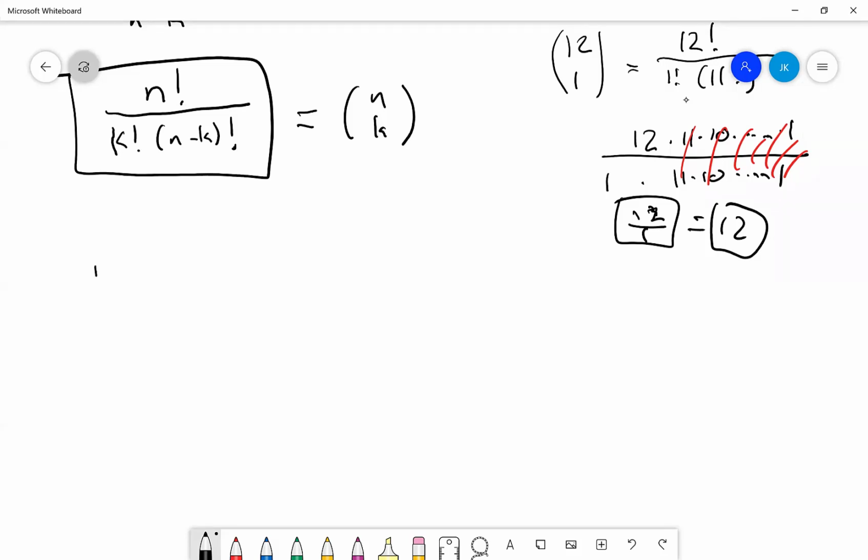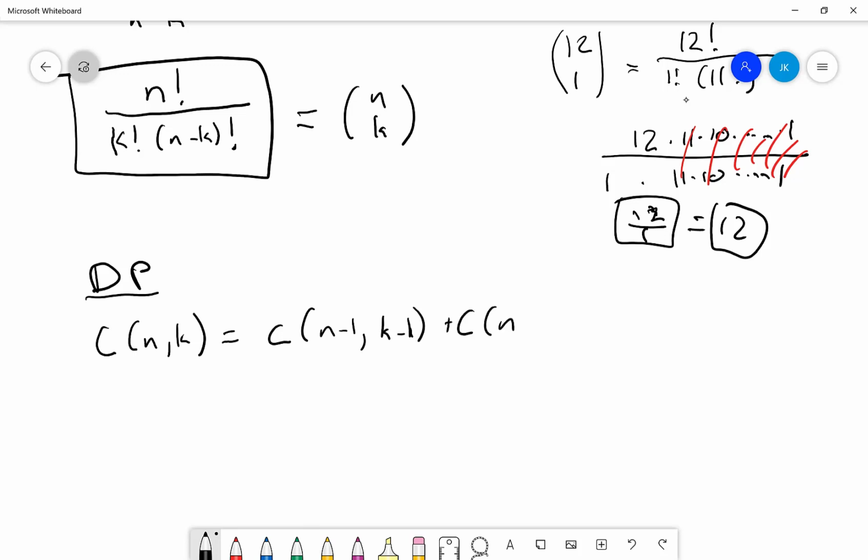So I'll mention the DP formulation of it, which is that C of n, k is going to equal C of n minus 1, k minus 1 plus C of n minus 1, k. So this is the sort of recursive definition of how we can compute a particular combination. And that prevents us having to compute all these factorials and cancel them out and so on.